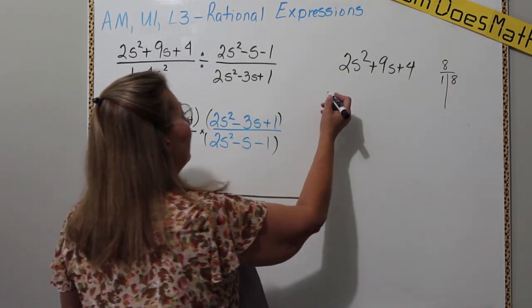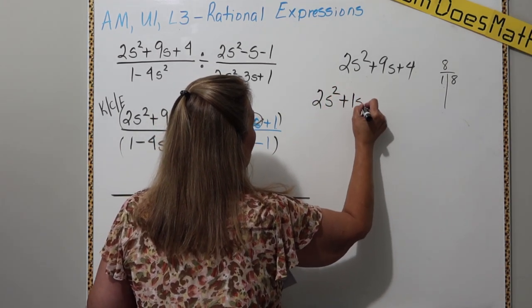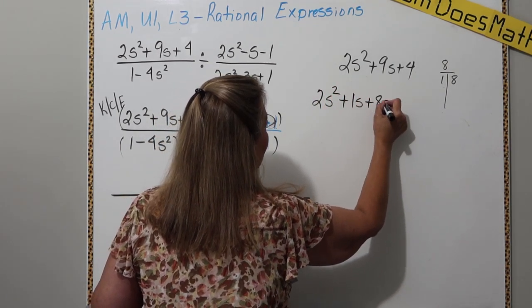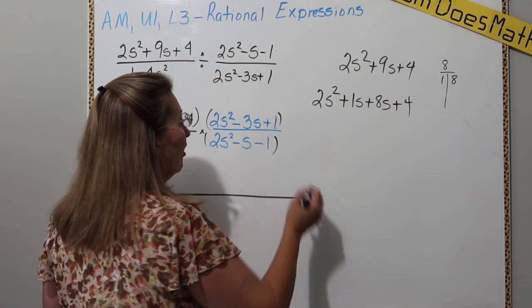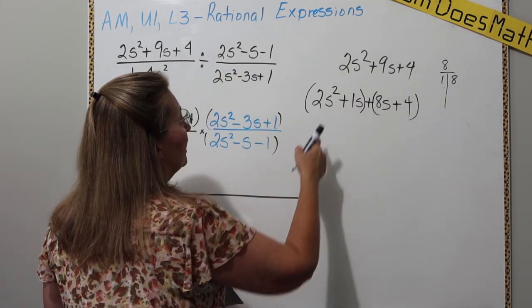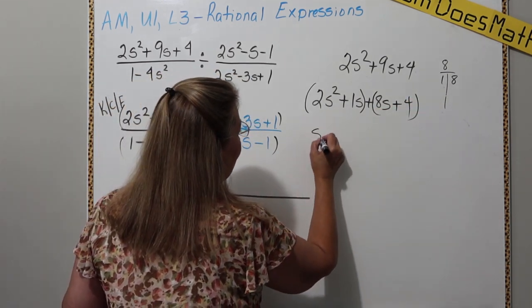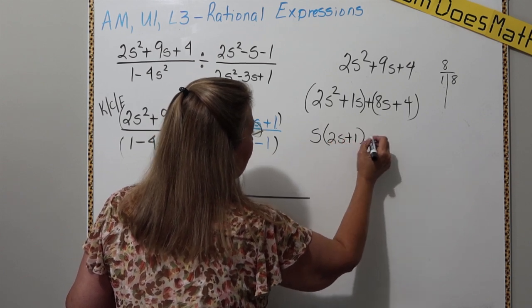Now we're going to rewrite the trinomial, splitting that middle term into 1s plus 8s. Now we have a 4-term polynomial. So these two group together. Greatest common factor here is s, so I'm going to have 2s plus 1.